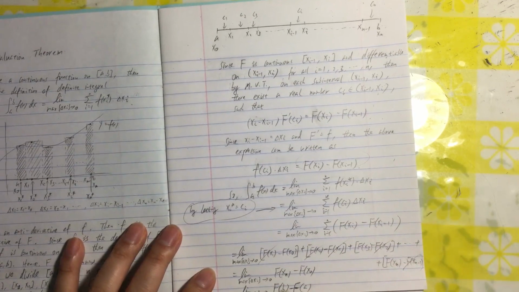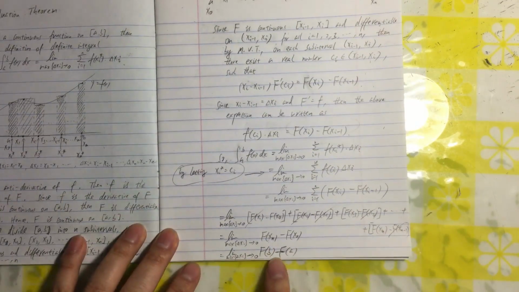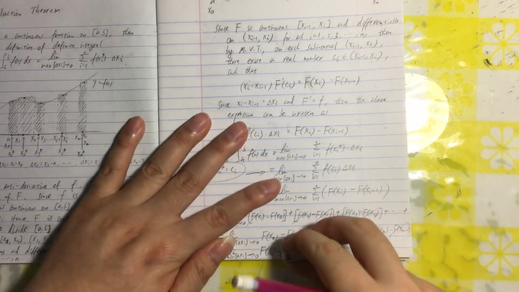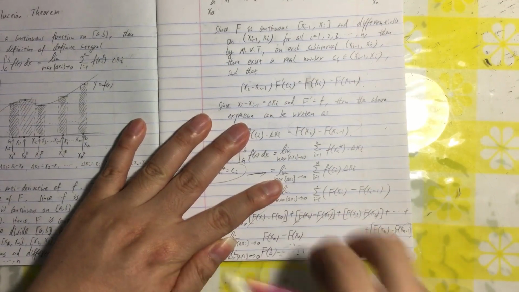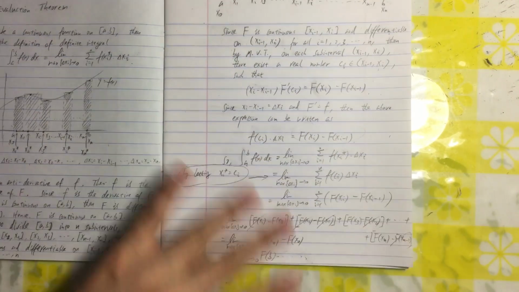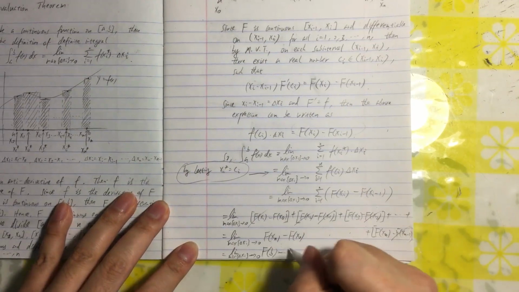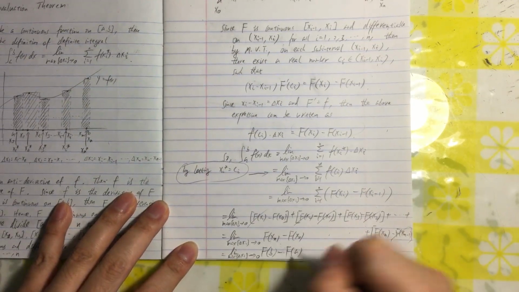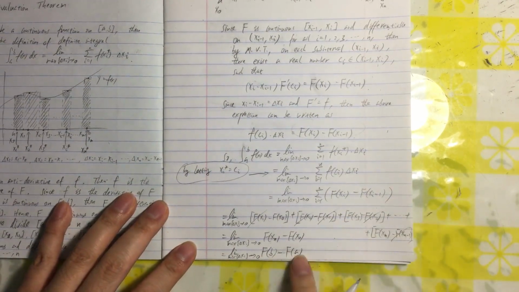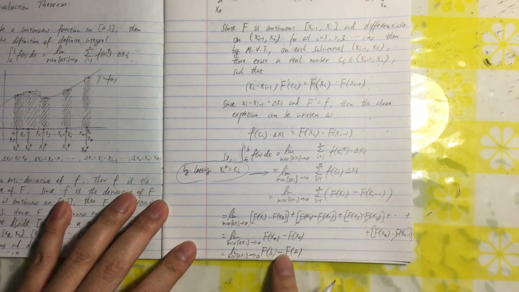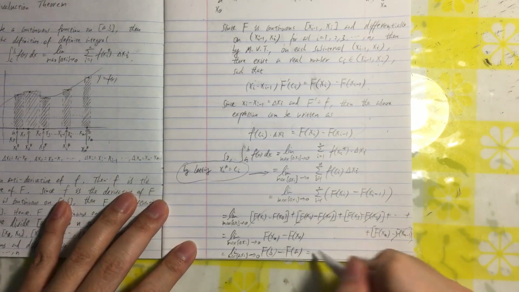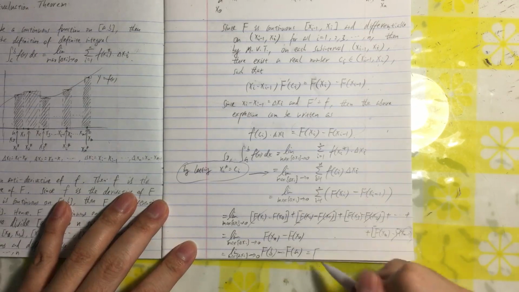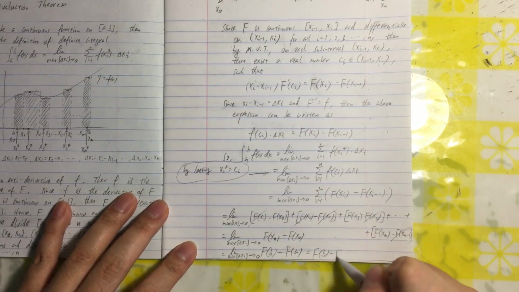Since both a and b are constants, the limit of a constant is the constant itself. So this expression equals f of b minus f of a.